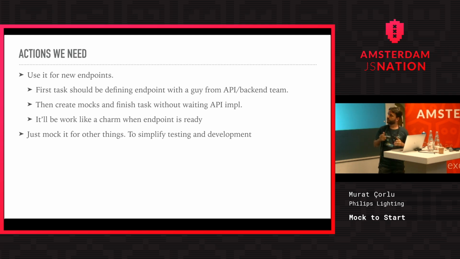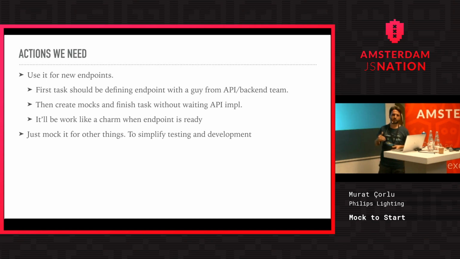If you decide to use that approach, these are some steps to try with your application, with your team. When you want to create a new feature that doesn't have an endpoint yet, you can just start with a meeting with your backend team to create the contract for that new endpoint. You can actually create a Swagger or RAML documentation in that meeting.